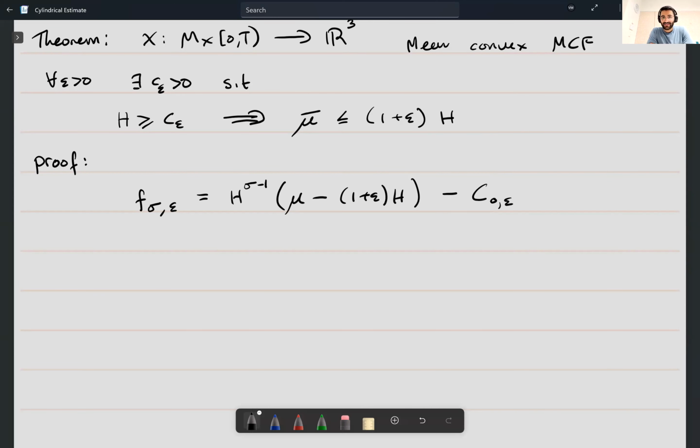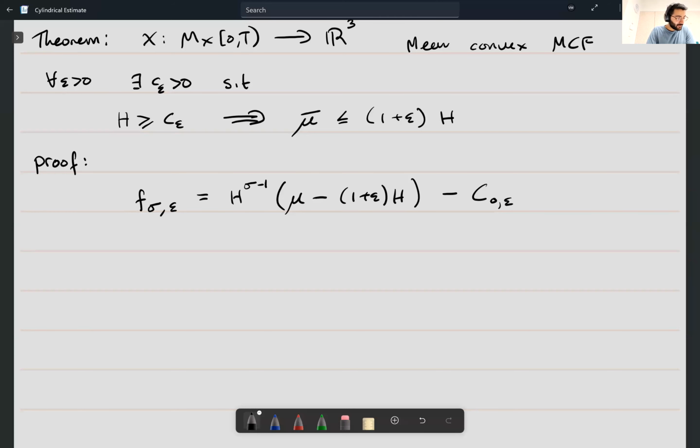I'm leaving out quite a lot here from the actual paper because there's another long calculation related to the inscribed radius, which uses the convexity estimates that we proved earlier. This constant C0 epsilon is the same constant that you get in the convexity estimate.